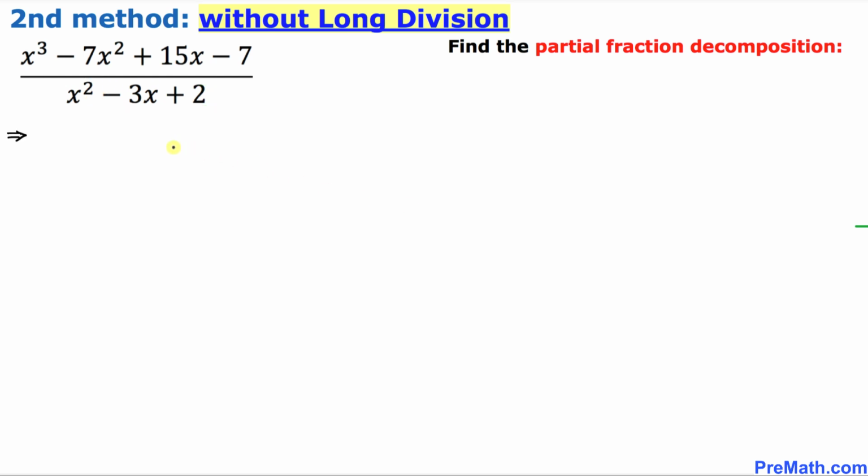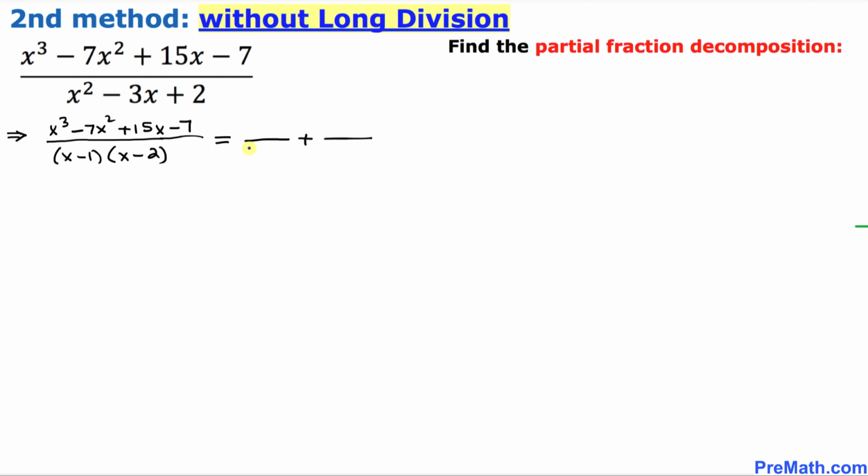So this rational expression can be written with the denominator x minus 1 times x minus 2, and the numerator is going to stay the same, plus 15x minus 7. Now as we can see, we have two linear factors in the denominator, so I'm going to put down two fractions separated by a plus sign.